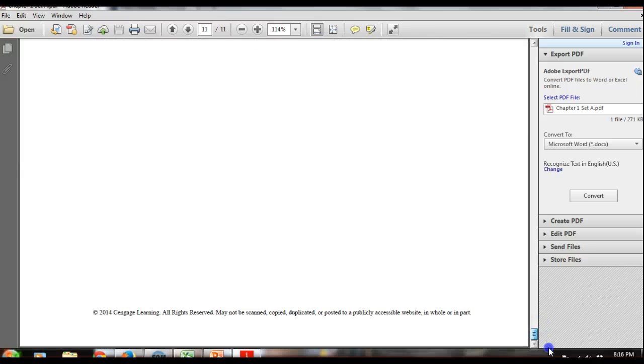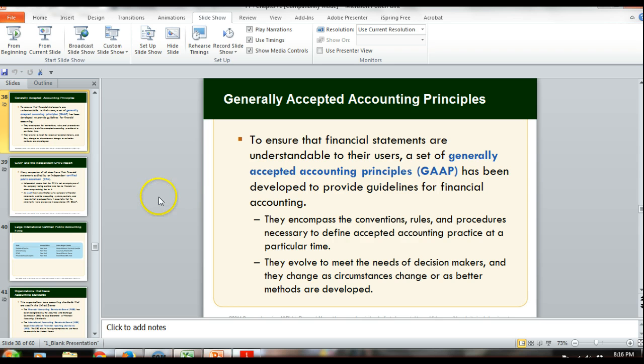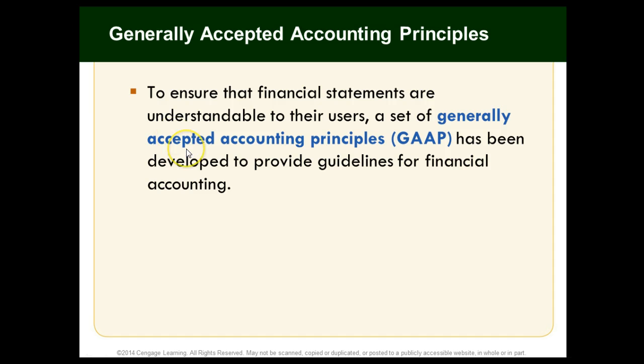Okay. Now what I want to do is go back here another time and talk about something called generally accepted accounting principles. Every industry has rules or guidelines they need to adhere to. In accounting, we have guidelines called generally accepted accounting principles, which tell us and teach us how we are to process and communicate those transactions appropriately.